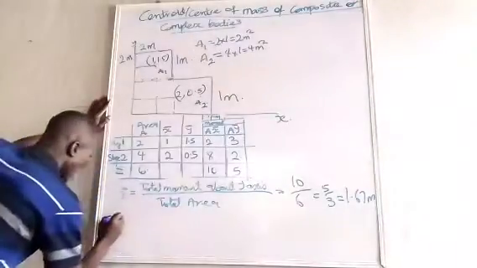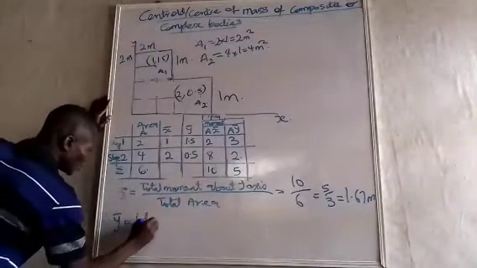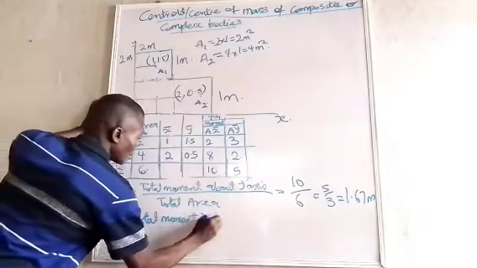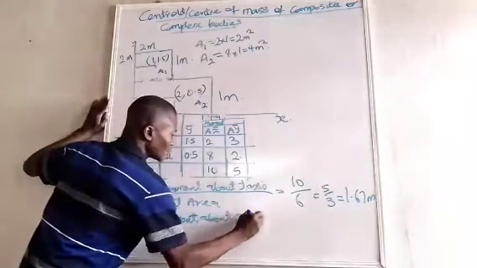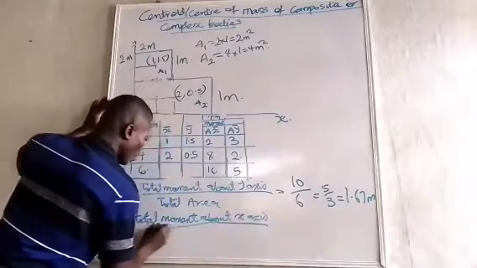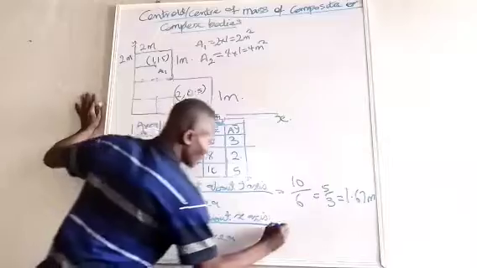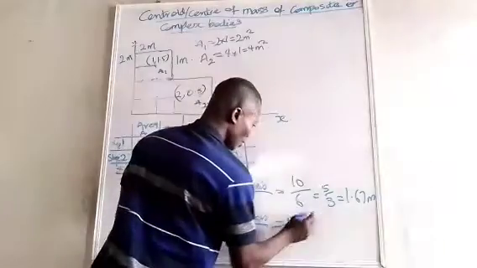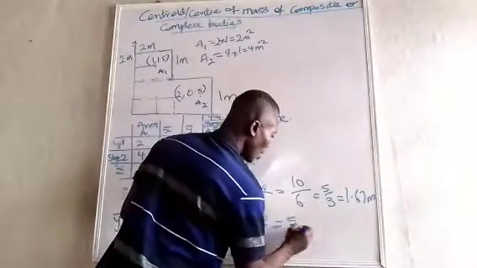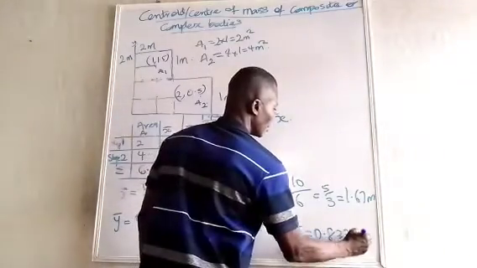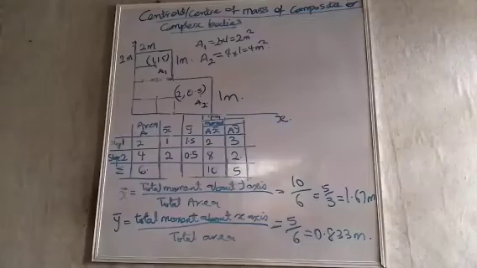For y, that is total moment about the x-axis over total area, and that's going to be 0.833 meters. So you can see it is very simple.